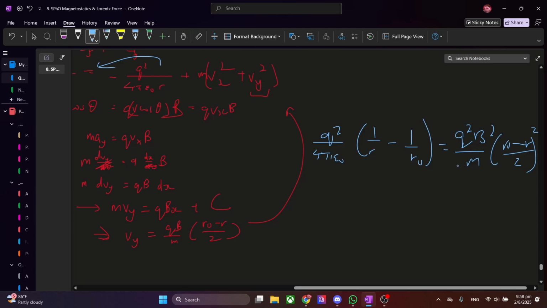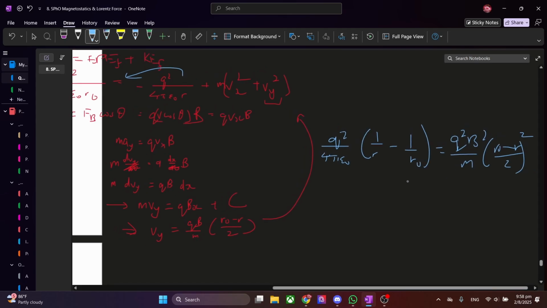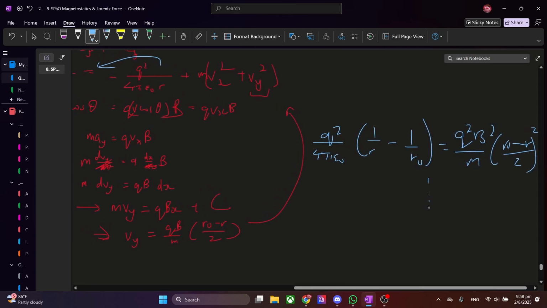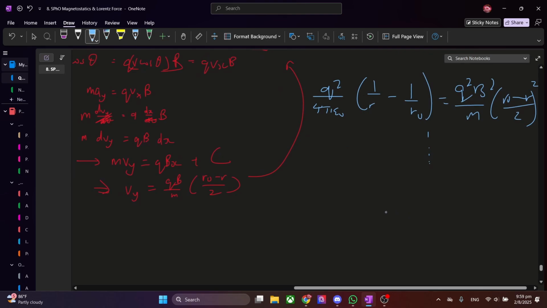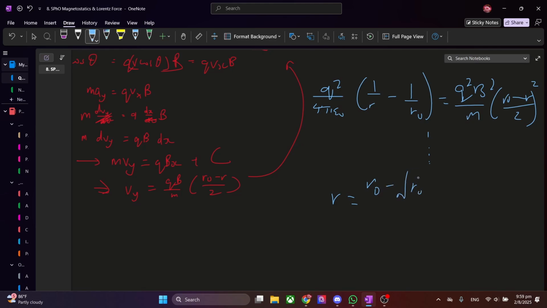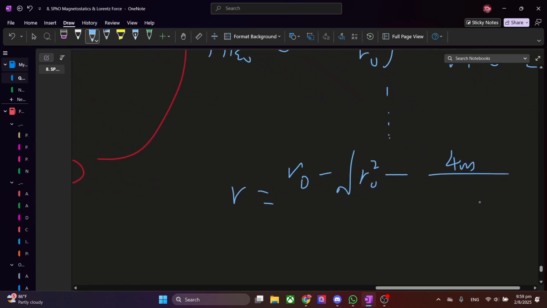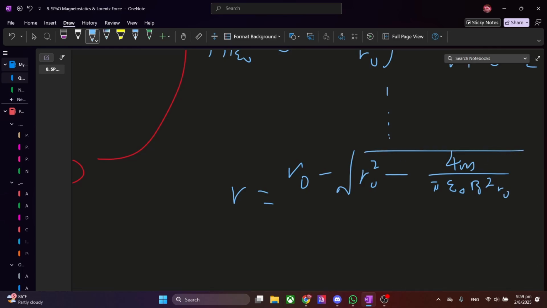Yeah, this is your equation now. And what's left to do? Just solve, right? Because this is actually a quadratic equation. So I'll let you figure it out. But you can get a quadratic equation and you can get the solution to be, let me write it out. This goofy expression here, B squared R naught over 2.